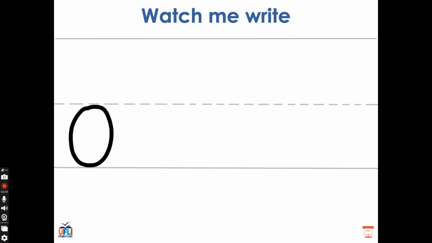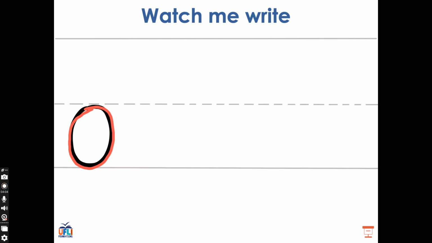Now let's practice writing lowercase o. We're using the exact same shape and motion, but it's going to be a bit smaller, and it's going to fit between the dotted line and the bottom line. So again, if you have paper or a whiteboard, go ahead and grab that to use. Otherwise, just use the palm of your hand and your pointer finger. This is lowercase o. We're going to start in the middle at the dotted line, curve down to the bottom, then right back up to where we started, lowercase o.